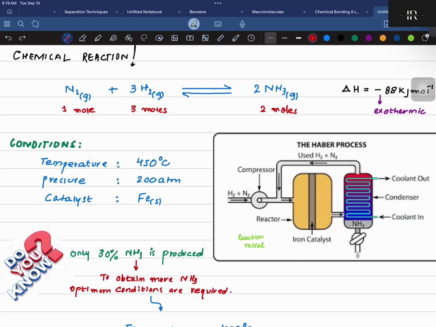Let's suppose you have opened an industry for ammonia and you want to synthesize ammonia, prepare ammonia and sell it. Ammonia is very important. You can make nitrogen based fertilizers from ammonia. This is quite an important chemical, right?